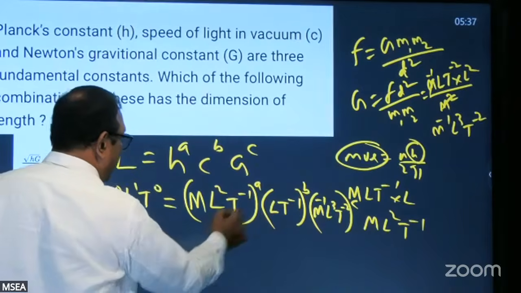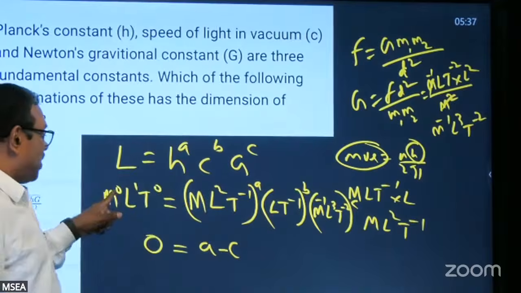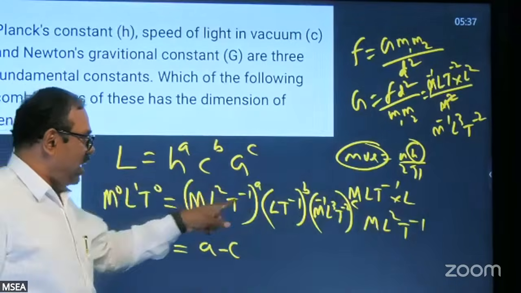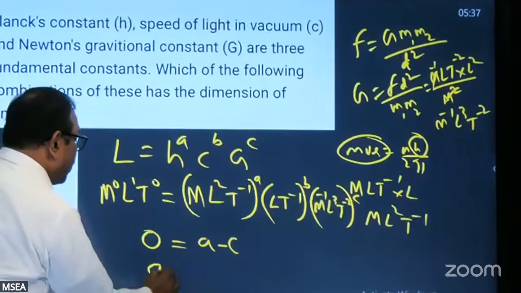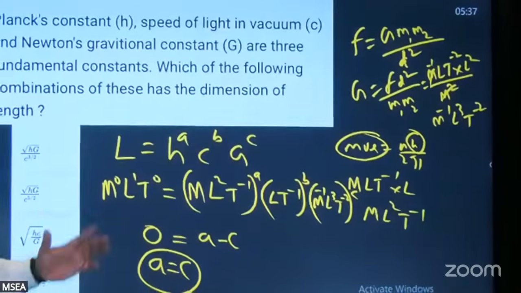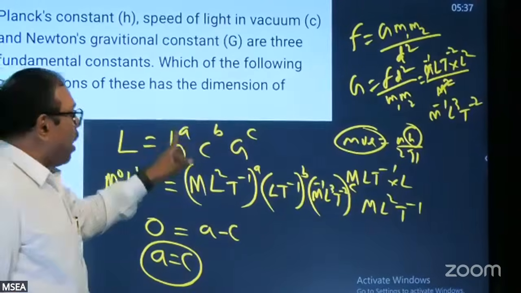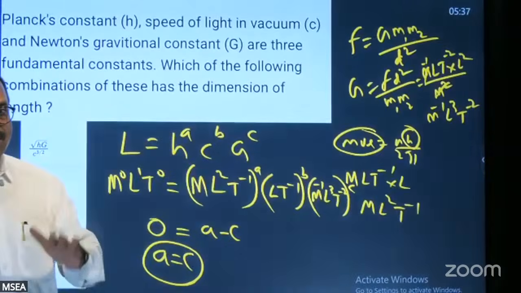Now for M powers: a minus c must be equal to the power on the left, which is 0. So a minus c is equal to 0. That means a and c should have the same dimensional formula. That means h and G should have the same dimension formula.